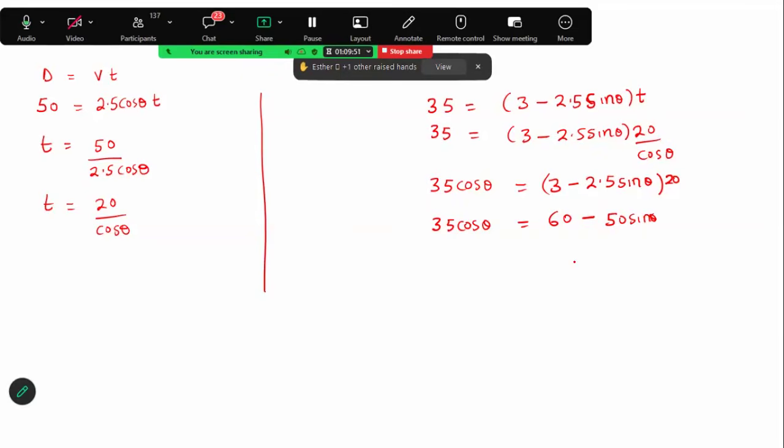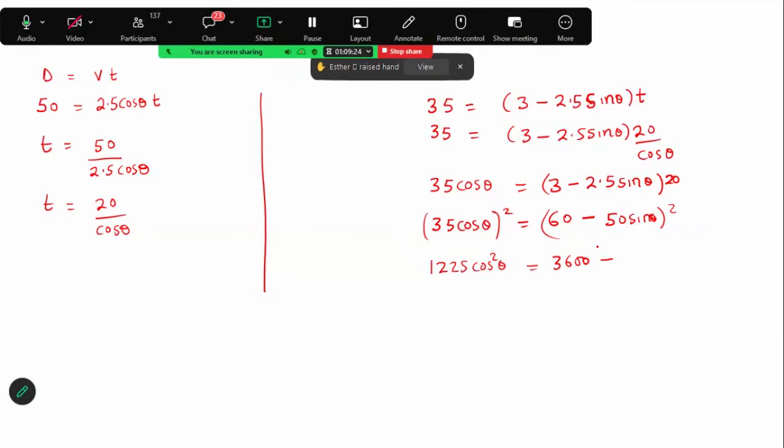So if I'm to use the two, someone may decide to square both sides. So you can square this side and then you square this side. So when you square, what will you have? We shall have 35 squared, which is 1225 cos squared of theta, equaling the square of this side, that is 60 squared, which is going to give us 3600.